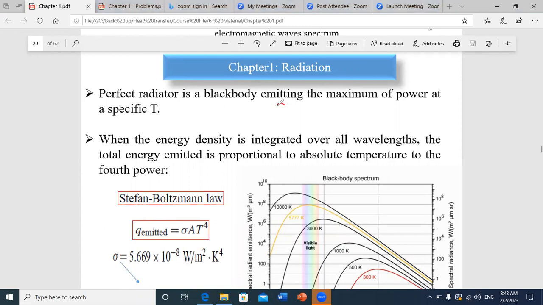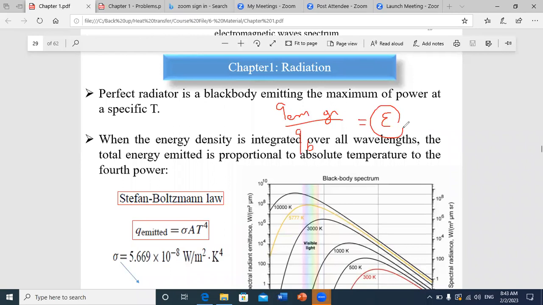Q emitted by a gray body over Q emitted by a black body is equal to epsilon, and epsilon is a characteristic of a surface called emissivity.